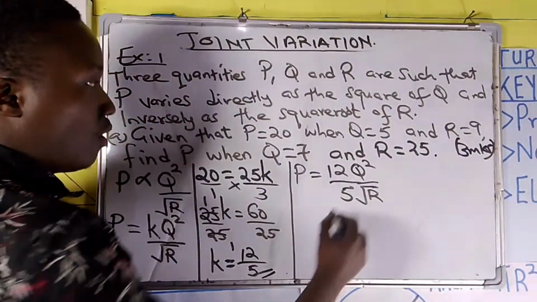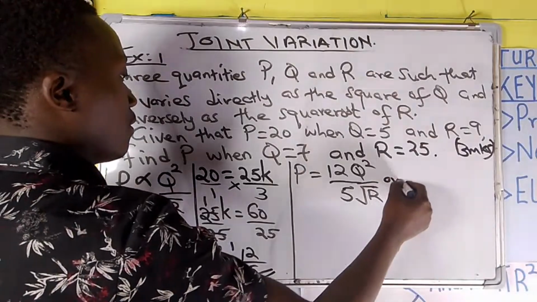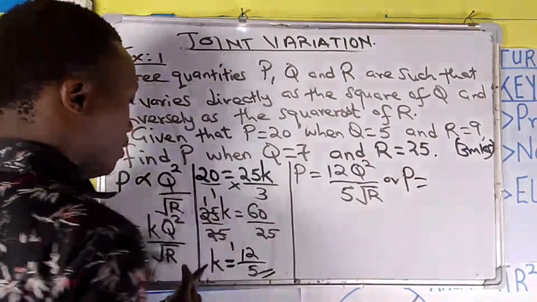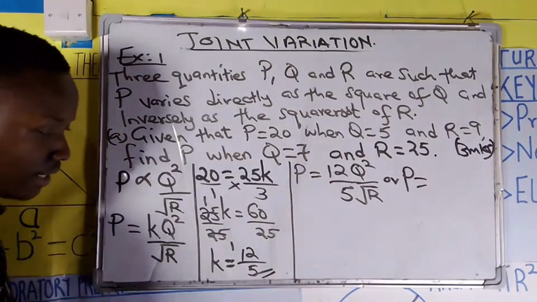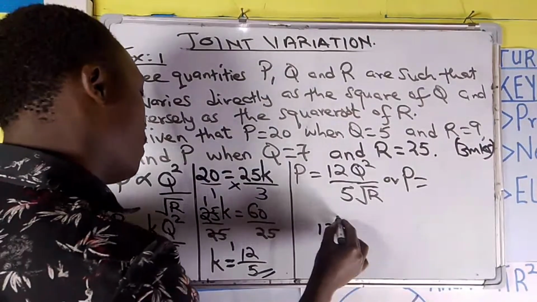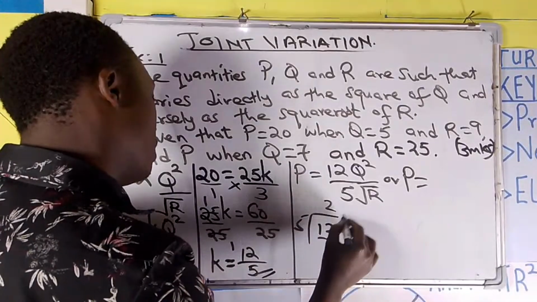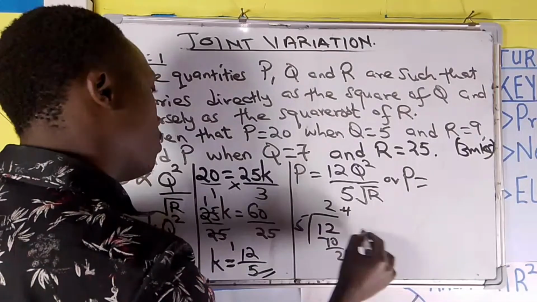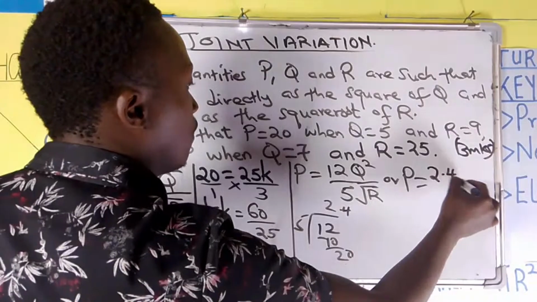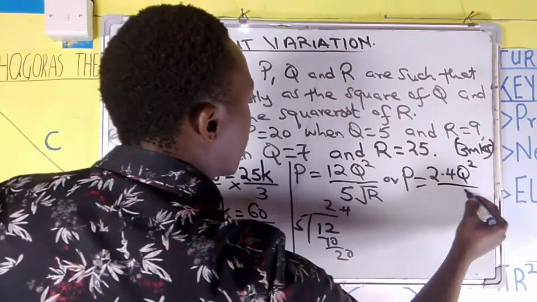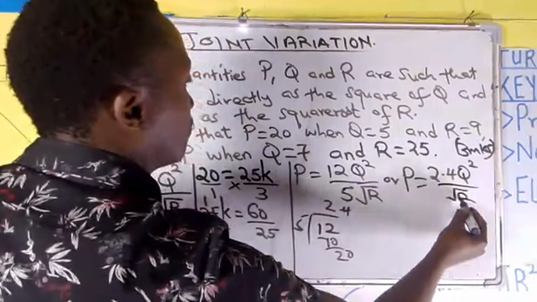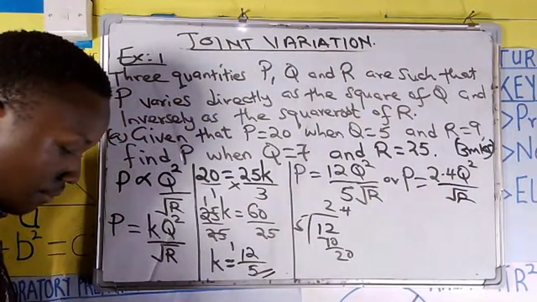Then you can say P equals, if you divide 12 by 5, 5 times 2 is 10, put a decimal, it will be 2.4. It can still be 2.4 Q squared over square root of R. Either one can do.